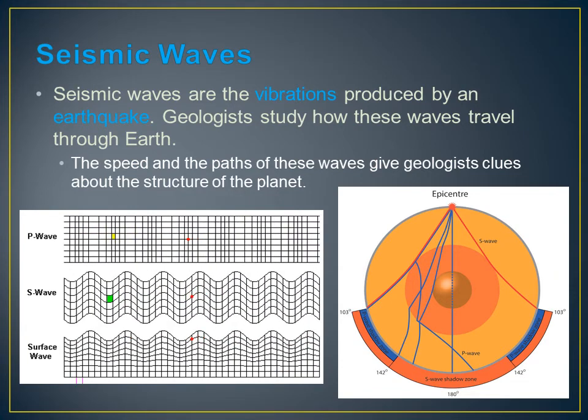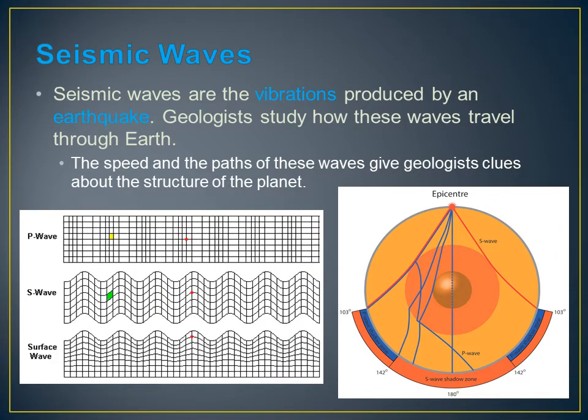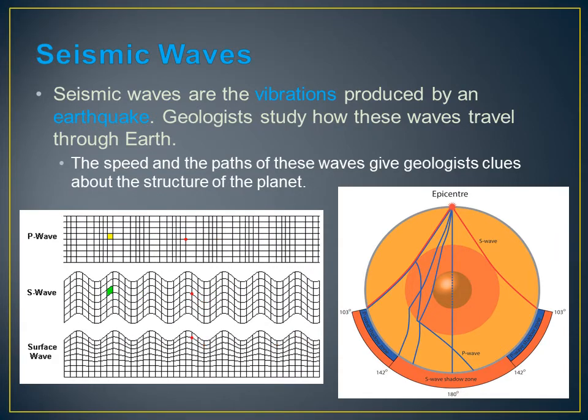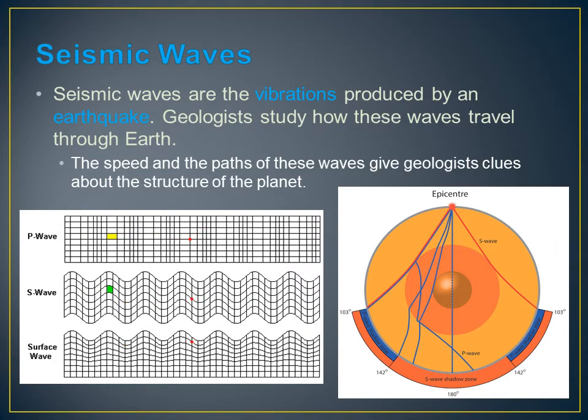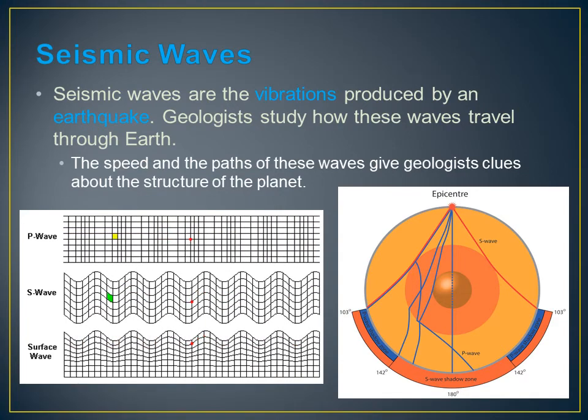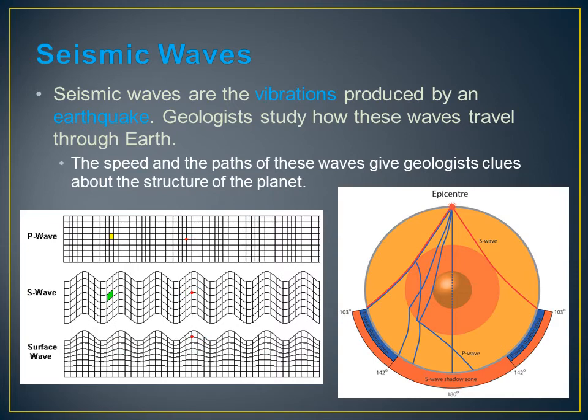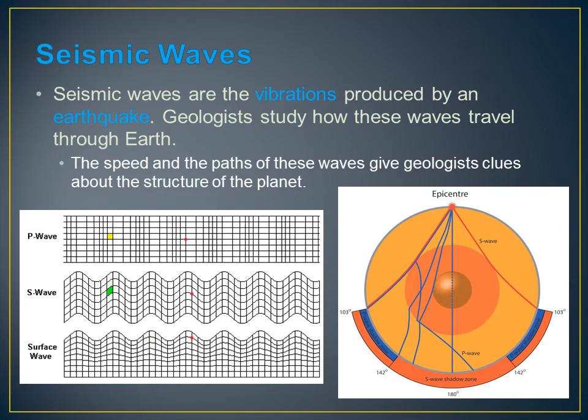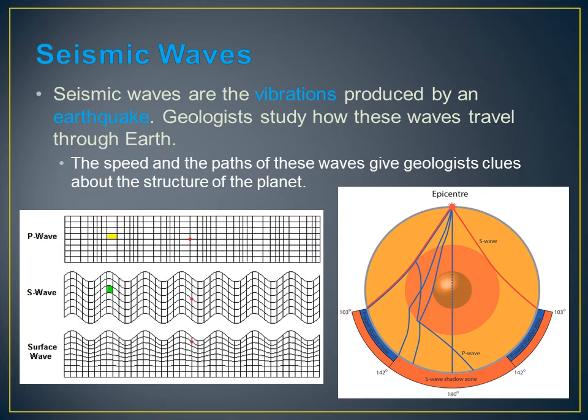Geologists study how these waves travel through Earth. What we need to understand about that is that the speed and the paths of these waves give geologists clues about the structure of the Earth.